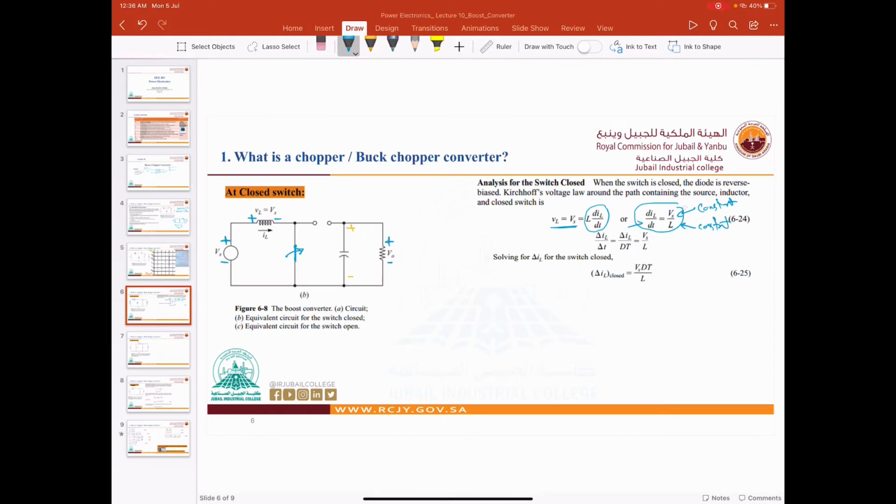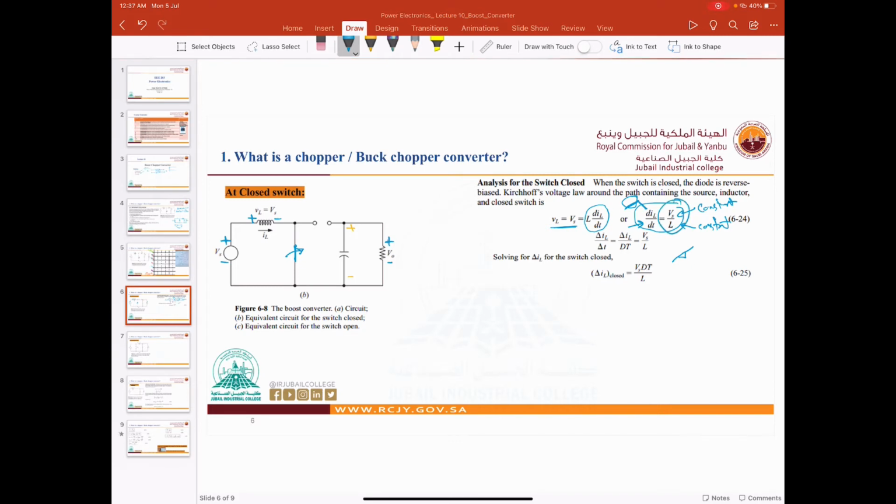That's why di by dt, the rate of change of current, should be constant, or linear. Charging and discharging are linear. So in case of switch closed, we have charging current, so we will concentrate only on the charging current. If we have charging current, then the slope is known, which is Vs over L.